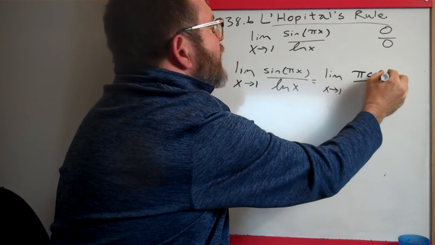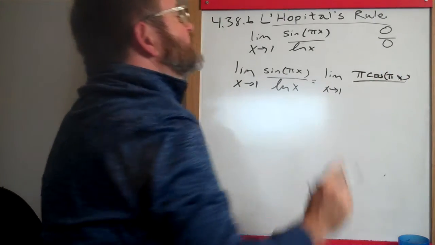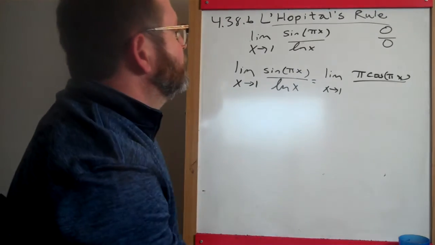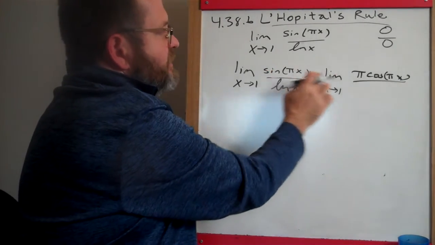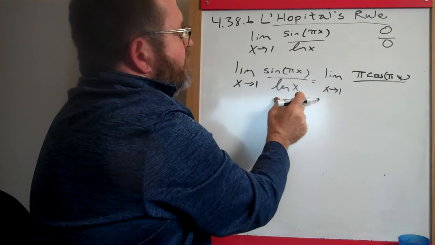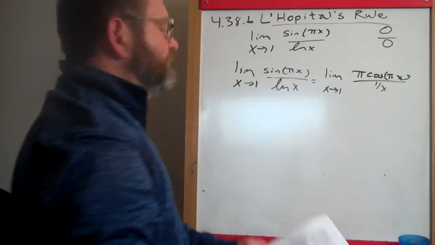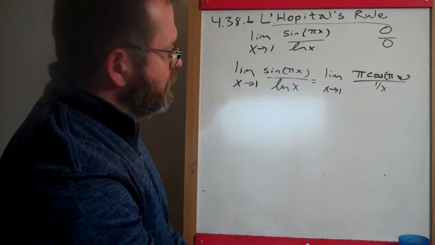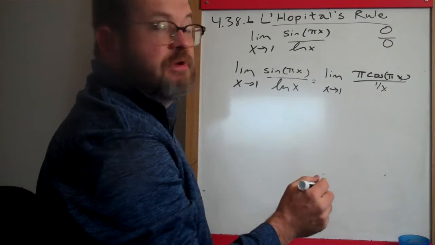It's going to be pi times the cosine of pi x, right? Take the derivative of the outside times the derivative of the inside. And the derivative of the denominator is just 1 over x. All right, that was our L'Hopital's rule step.